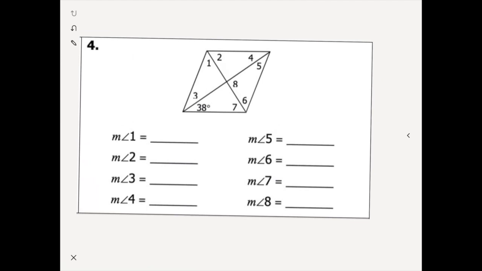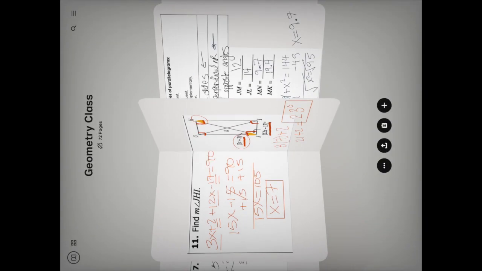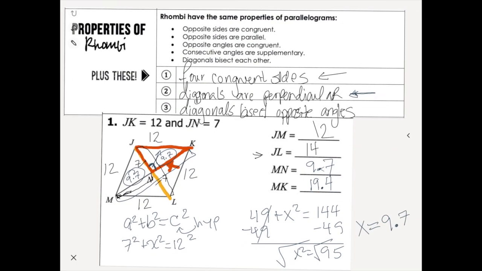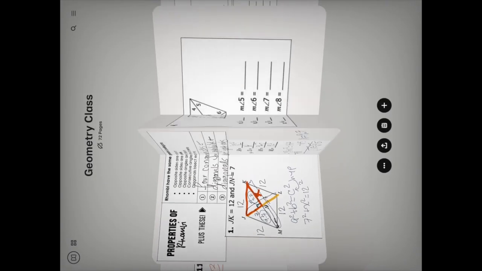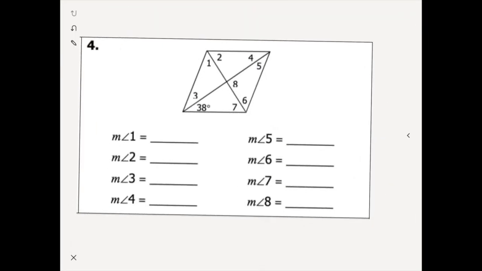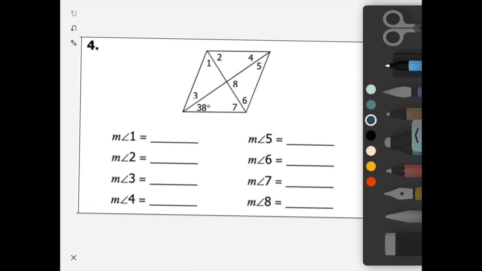So let's start with the measure of angle 1. One of the properties of rhombus tells us that, if we go back, one of the properties of rhombus says that diagonals are perpendicular and diagonals bisect opposite angles. So this is a little different from rectangles. In rectangles, we had 4 right angles, but for a rhombus, these angles are actually congruent.